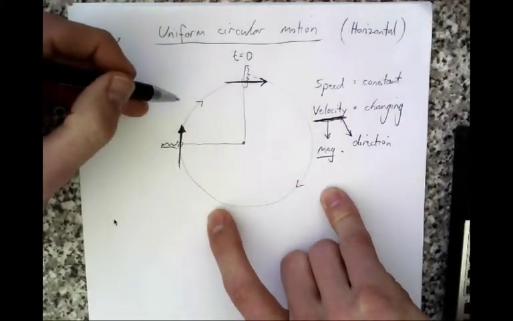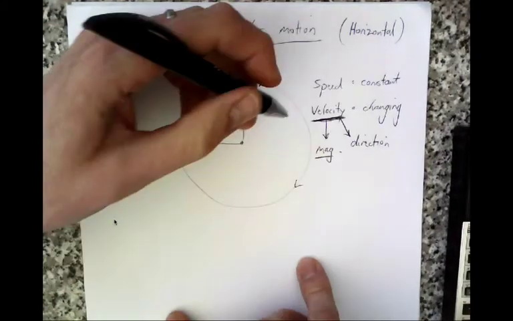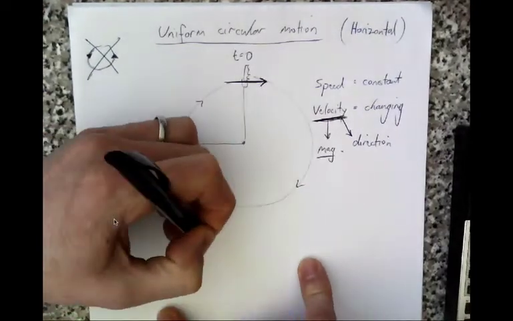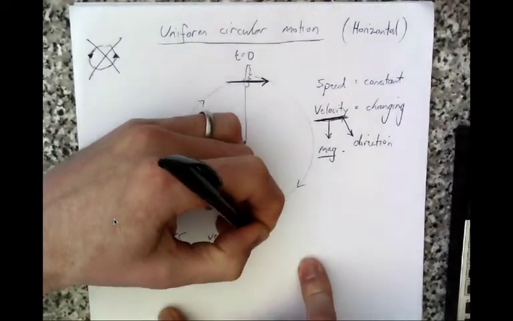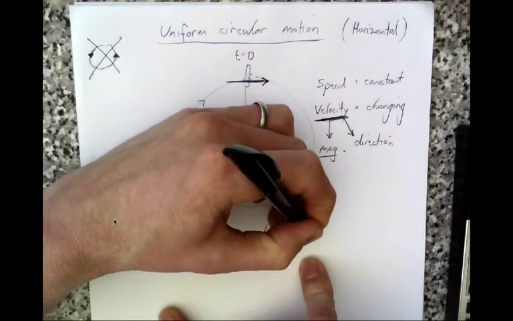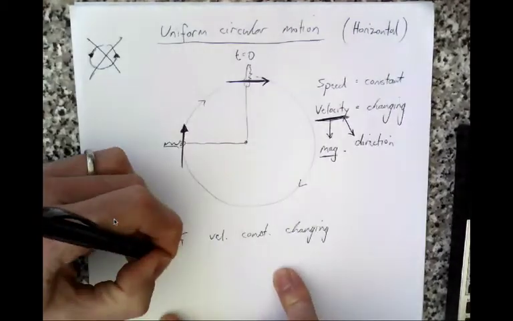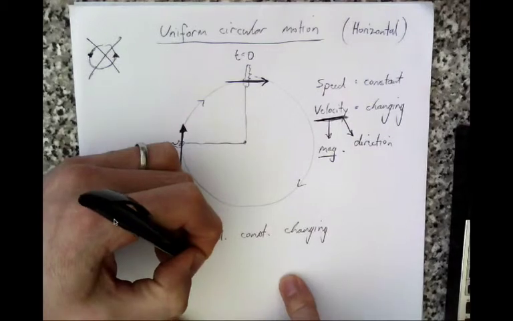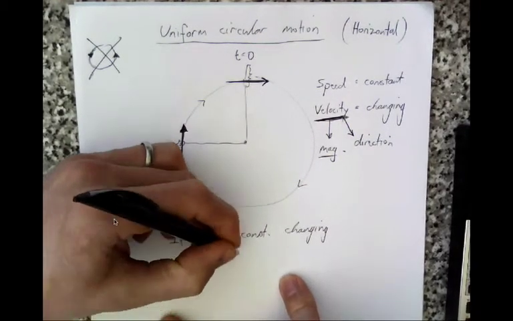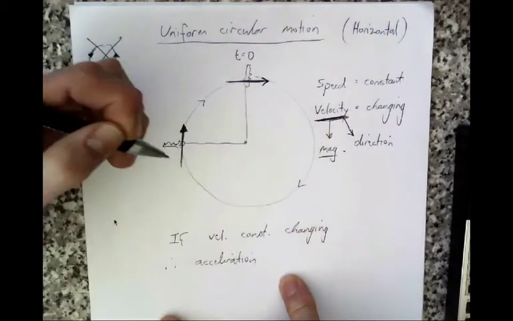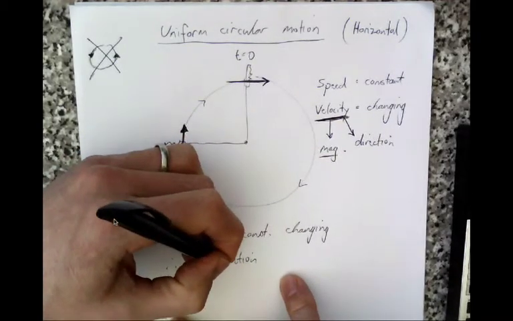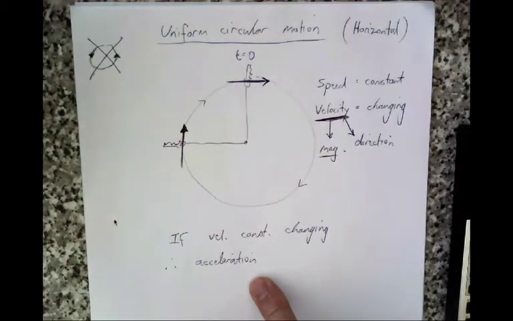Using this diagram here, if the velocity is always changing, we know therefore there must be acceleration. A changing velocity means acceleration is occurring. So how can we work out the direction of this acceleration?